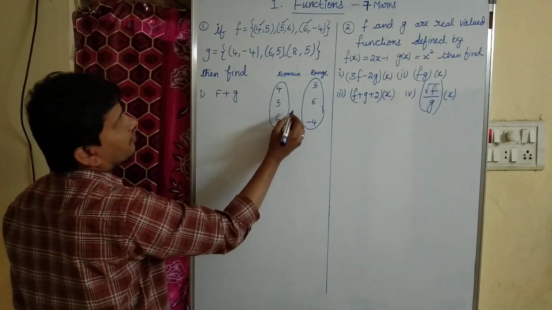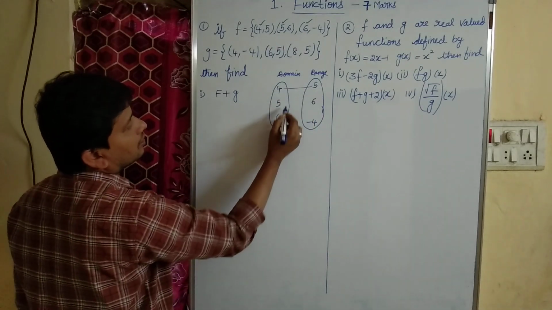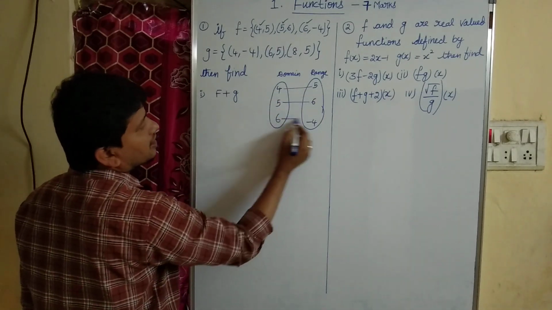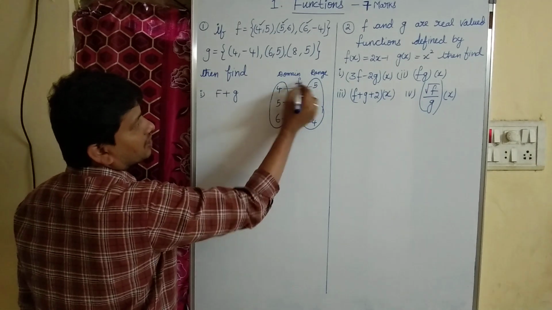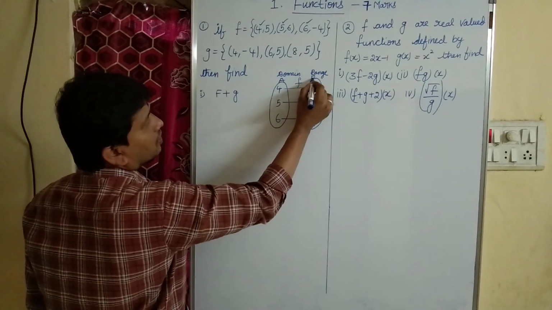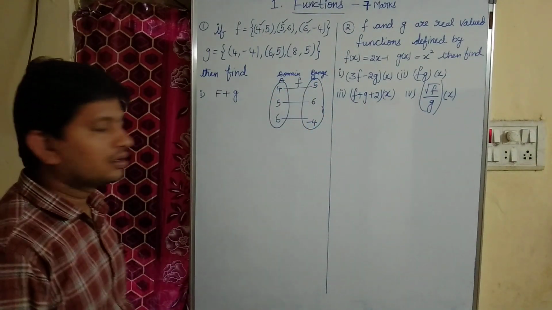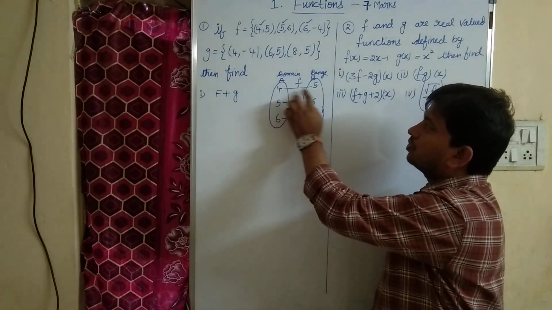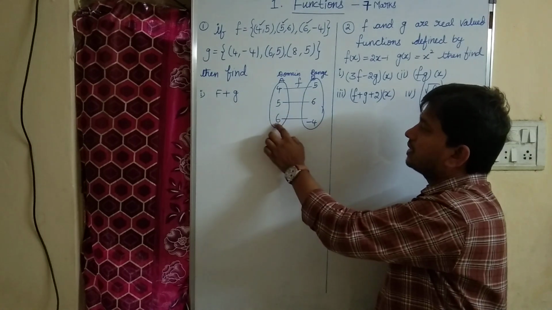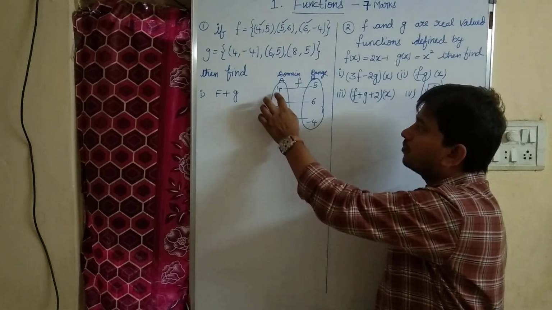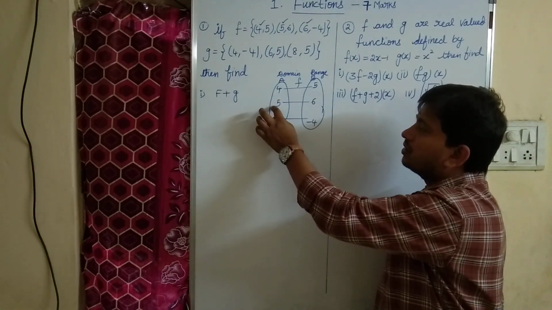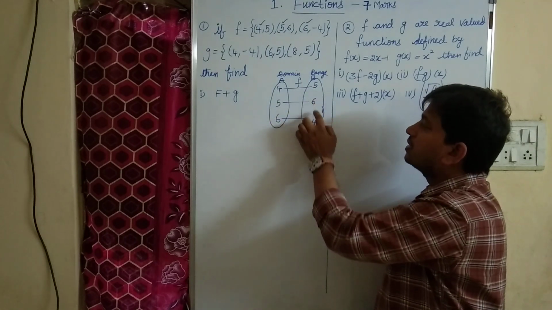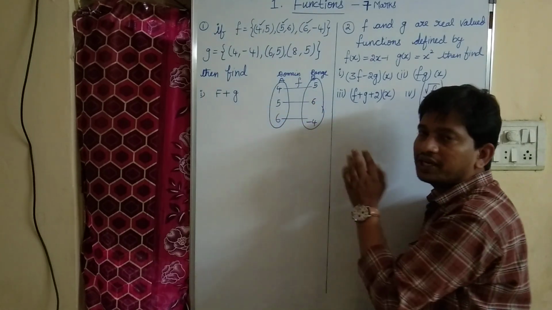Given function is f, which maps 4 to 5, 5 to 6 and 6 to -4. Function is from, suppose you consider a to b, function f which is from a to b. Here 4, 5, 6 are called domain and 5, 6, -4 are called range.